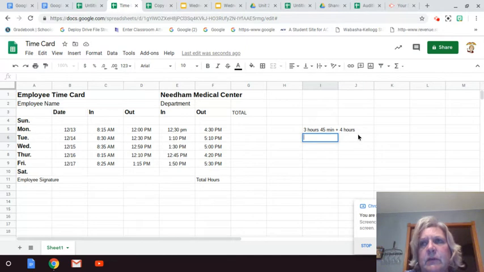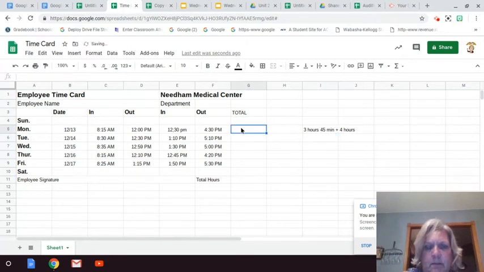It thinks of an equal sign as you're going to enter a formula, so I can't really put the equal sign in here, but we can still add it. You're going to add like units. So 3 hours plus 4 hours, that's 7 hours. 45 minutes plus 0 additional minutes is 45 minutes. So, 7 hours.